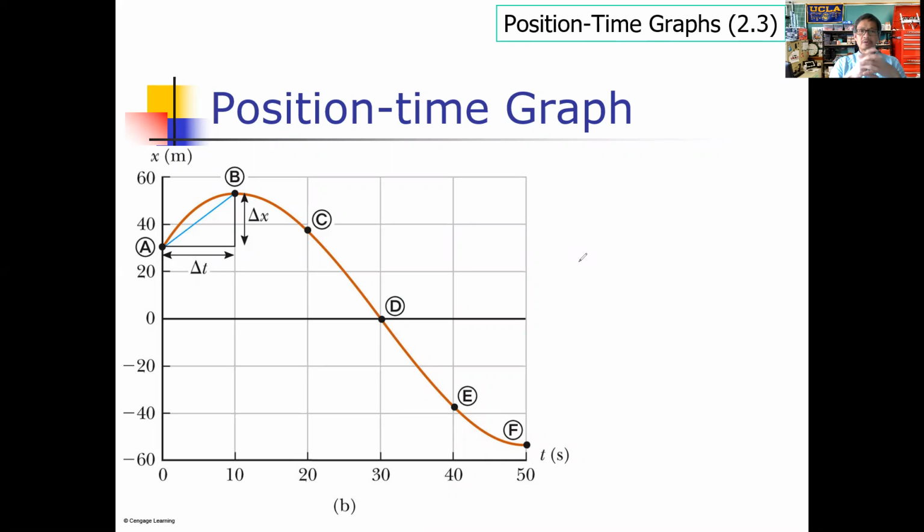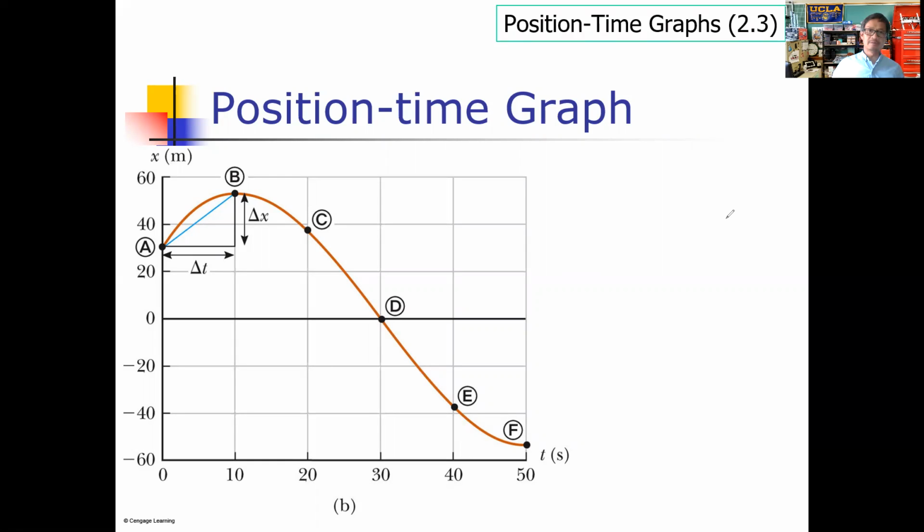Each point on this curve represents the position of an object at a given moment in time. So basically we recorded the motion and the position of an object as it moves.